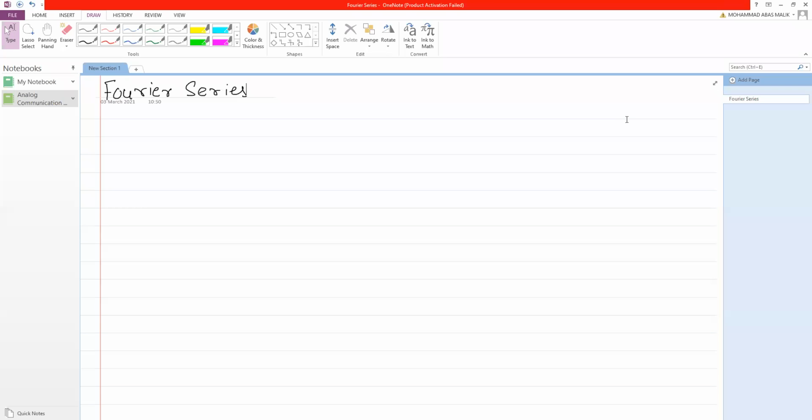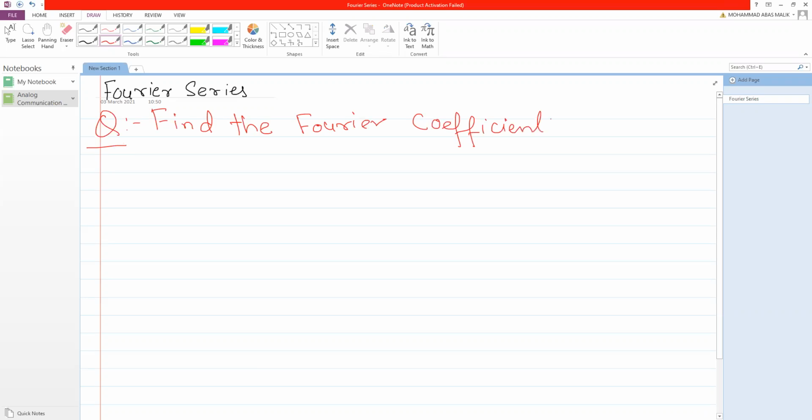So, the question for this will be: find the Fourier series, find the Fourier coefficients of the signal cos omega naught t and sin omega naught t.